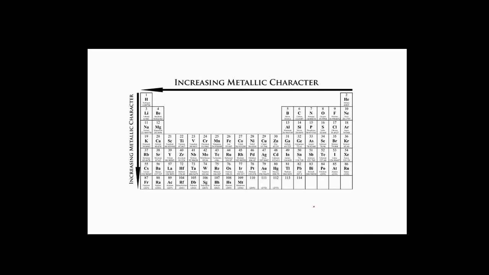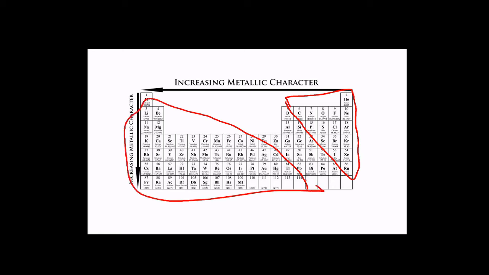Metallic character: most of the time we should not have a hard time remembering which directions it increases, because hopefully you remember where metals are on the periodic table. Hopefully you can remember that the nonmetals are up here and the metals are over here, and the metalloids are kind of in between.